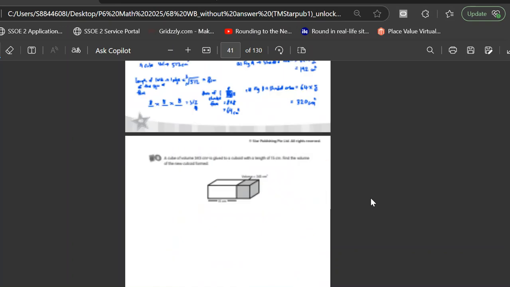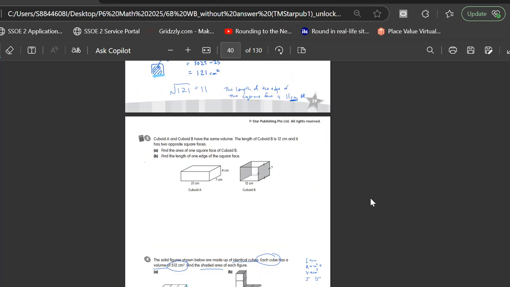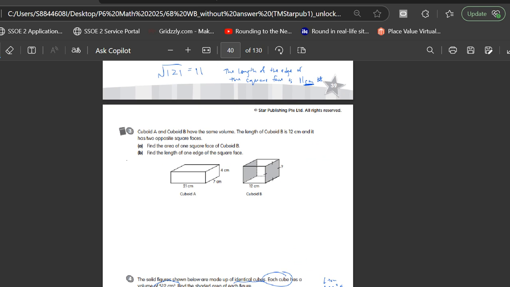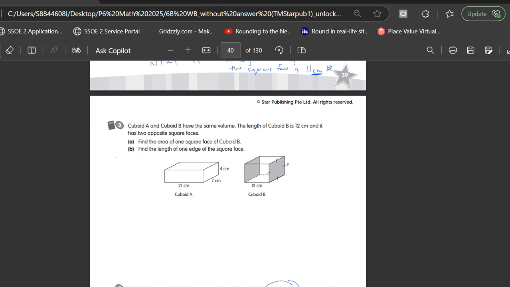To explain the harder question, I think question 3 is doable because it's a similar question to the ones in front. Find the volume already, then after that find the measurements. This is the question. I said, can you pause a while?